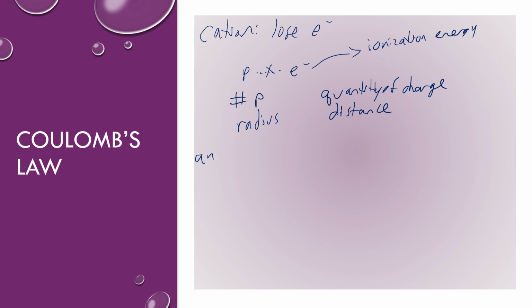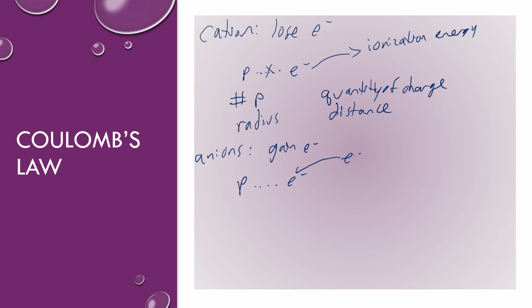For anions, we want to talk about gaining electrons to form an anion. So we're still having protons attracting the electrons, but we're basically pulling an electron in from the outside so that it is now part of the atom. But the same things affect it. The number of protons. More protons is going to pull on the electrons more.